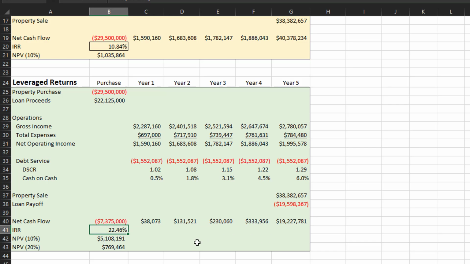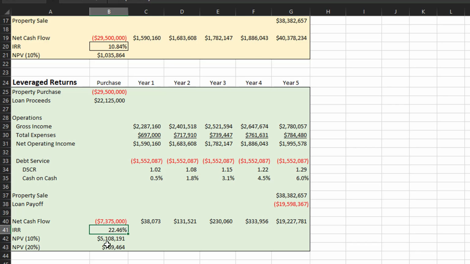And then we have two different NPVs. The first one is the NPV using a 10% discount rate. I would argue that is inappropriate because we've layered on financial risk. That's part of the topic that we've been talking about in this video series. We've increased the risk for the equity investors by layering on debt. And so I would argue that the appropriate discount rate, which always reflects the risk of an investment, should be higher.